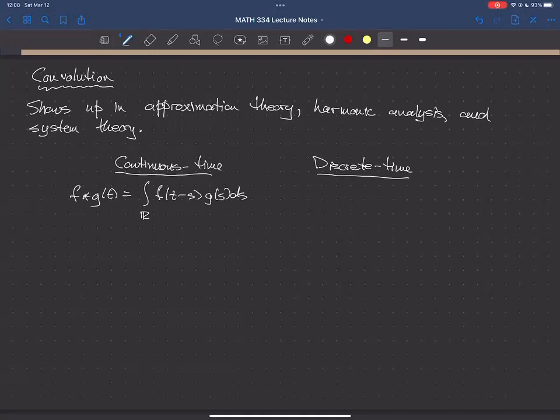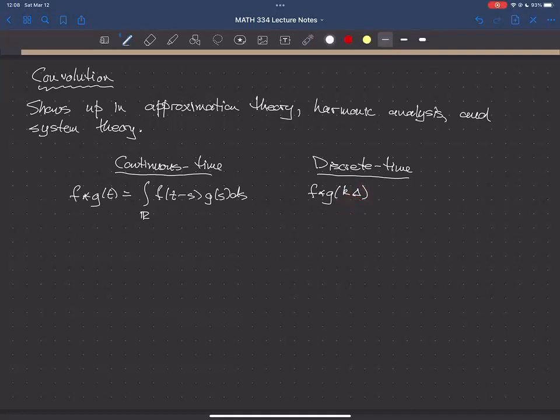Okay, and the discrete time has a similar formula, where, of course, the continuous time t is replaced with discrete time, and so discrete time means we're working on a discrete sampled time domain with sampling interval delta. So every time looks like that.